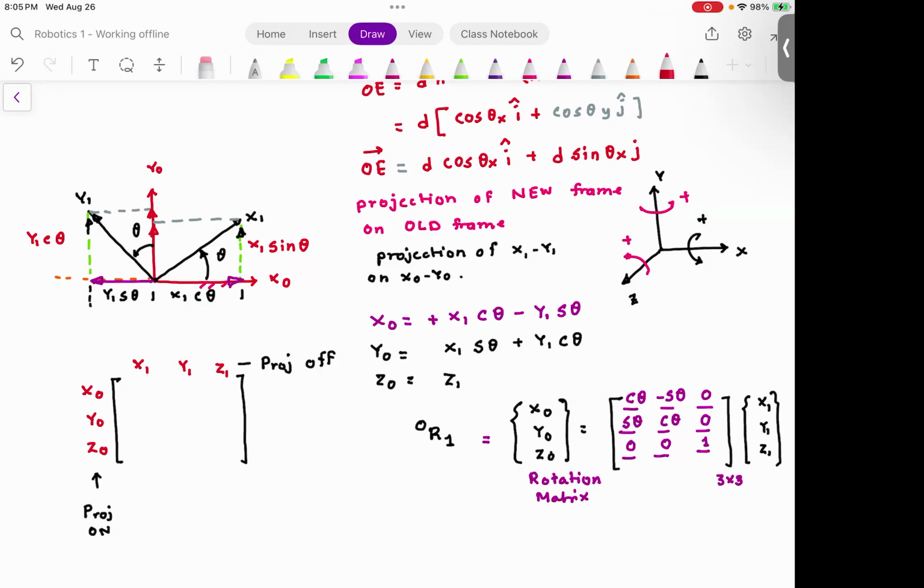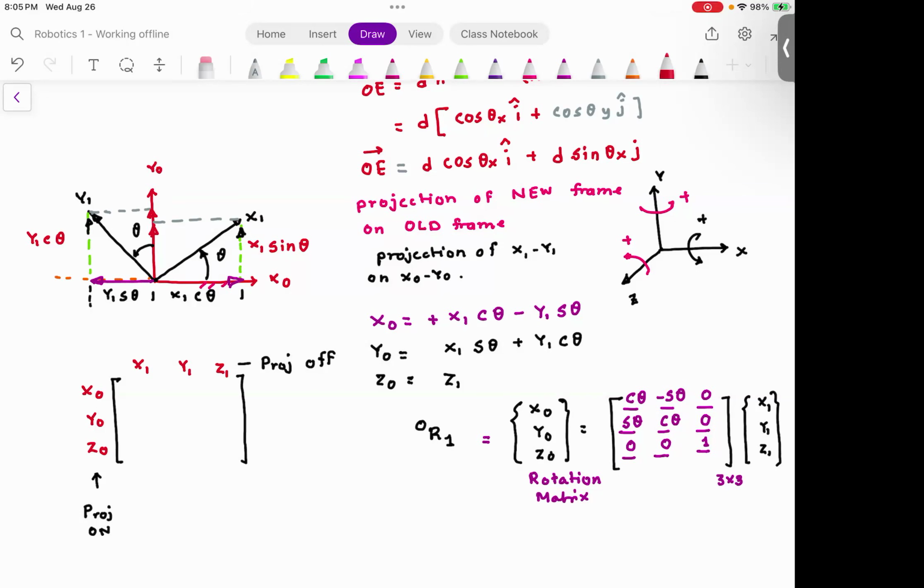Now I want you to answer me this. Look at the figure that I have drawn. Extremely important. Tell me, what is the projection of X1 onto X0?